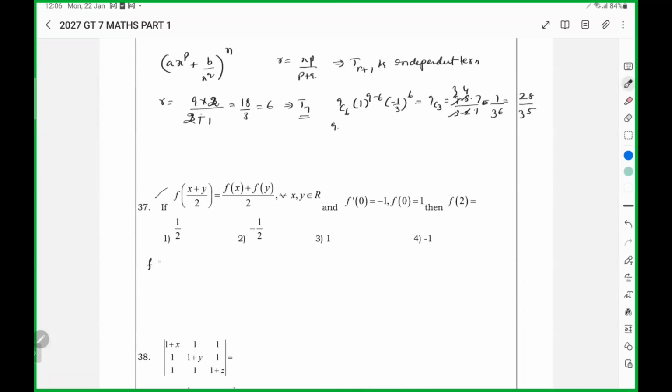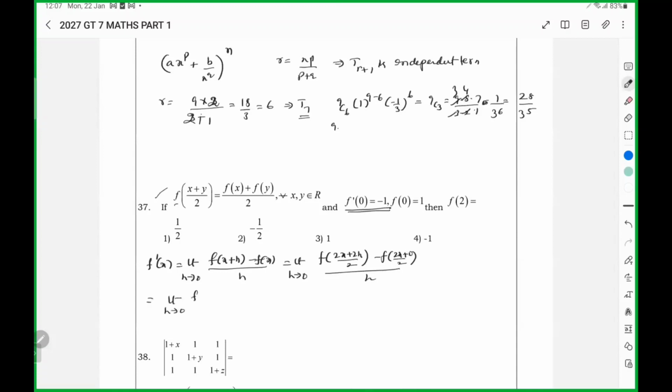So f dash x, he has given f dash 0. That means there is a use of f dash x. Basic definition: f of x plus h minus f of x by h, limit h tends to 0. To use this definition, I am writing it as f of 2x plus 0 by, limit h tends to 0 according to the definition.